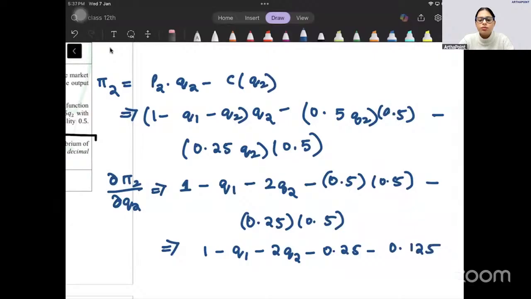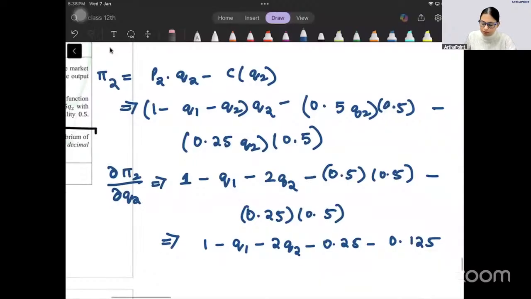Just solve this. Give me the reaction function of firm 2. Give me the final value. So 1 minus 0.25 minus 0.125.